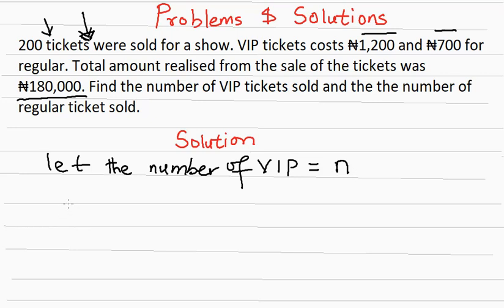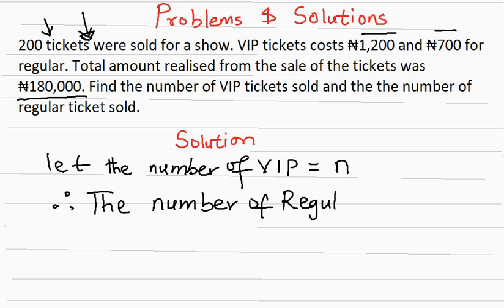If the number of VIP tickets is n, then the number of regular tickets will be 200 minus n, since 200 is the total number of tickets.